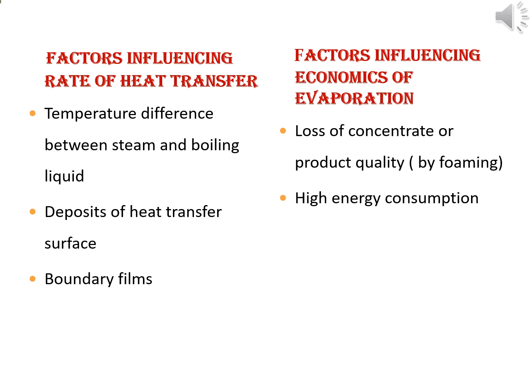Here, foaming occurs due to the presence of different proteins and carbohydrates in the feed material. And with that, high energy consumption is also a factor that influences the economics of an evaporator.